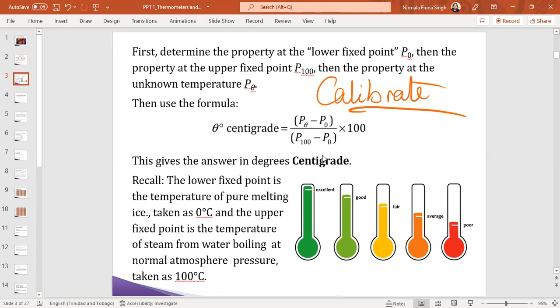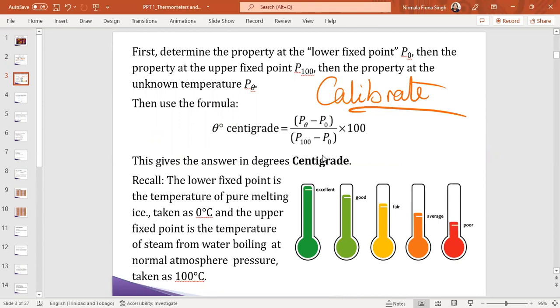Whether it be a liquid-in-glass thermometer that you all should know, whether it be a resistance thermometer, that's a thermometer where the resistance changes as temperature changes, whether it be a color thermometer, a temperature strip. All right, we can calibrate it. Calibrated meaning we determine where certain values lie.